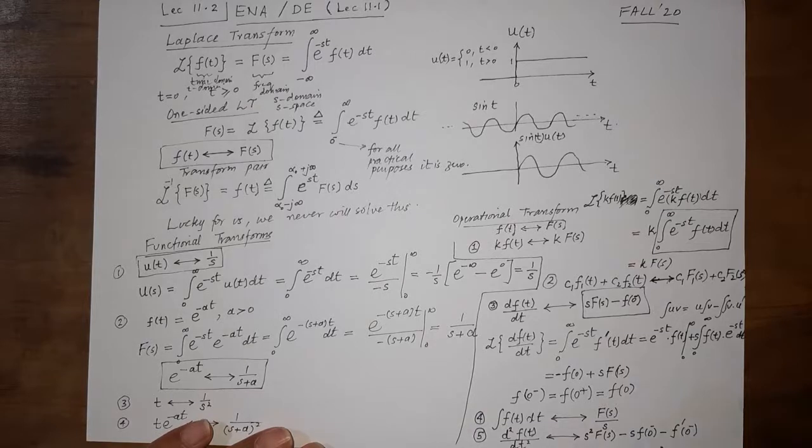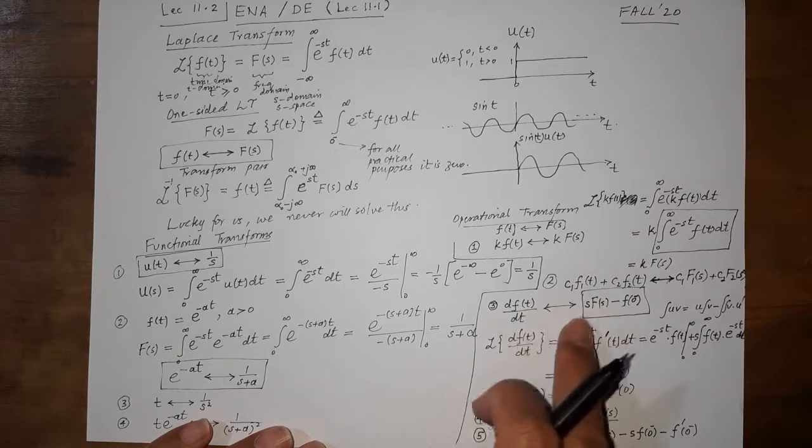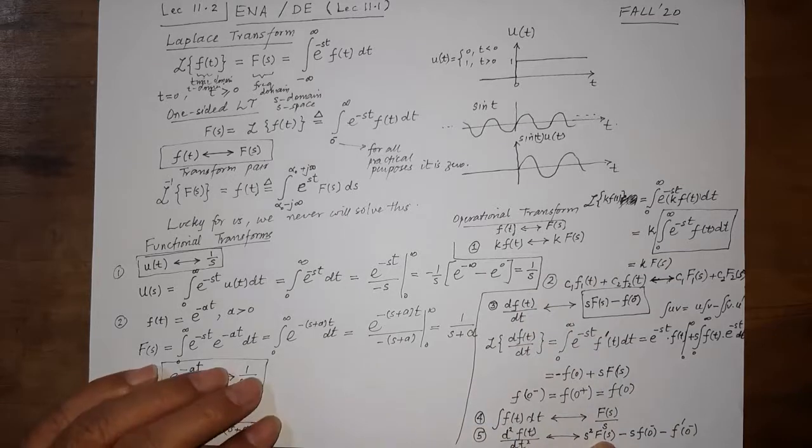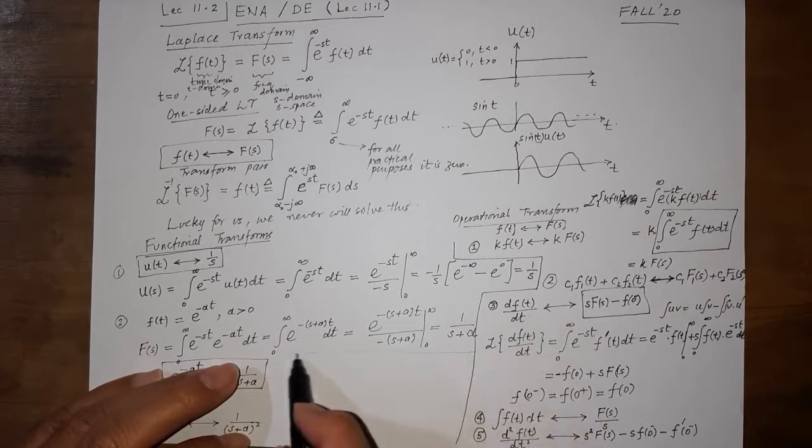So prove this. How to prove this? It's very easy, because the second derivative of a function of time can be written as the first derivative of the first derivative of f of t. So we can use this result now in finding this. So how would this be? Let me try to use this space in finding this.